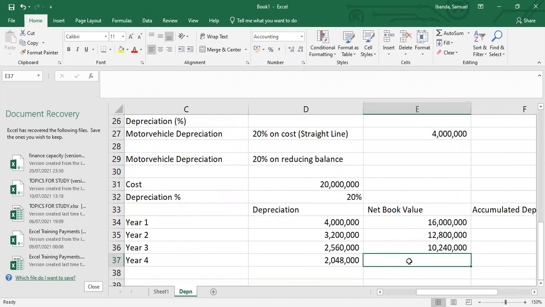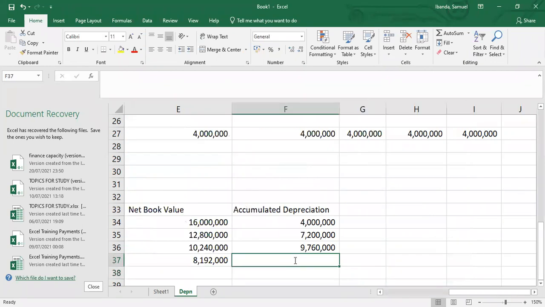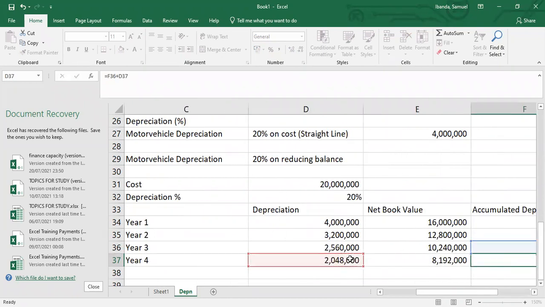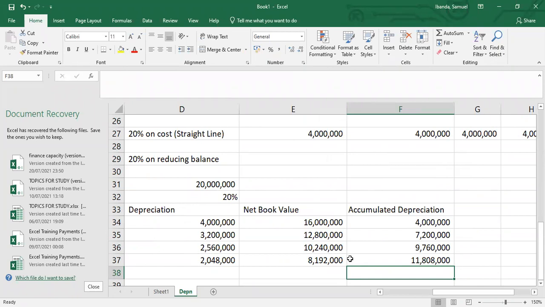So our new net book value will be the previous net book value, deduct again the depreciation for the period to give us that value. And then the accumulated depreciation will be the accumulated depreciation of the previous period plus the depreciation of the period, giving me 11.